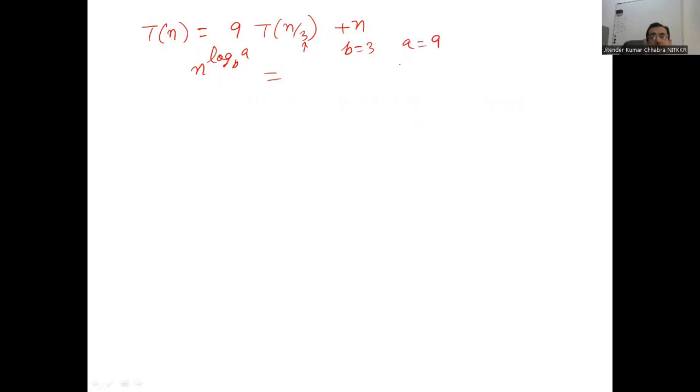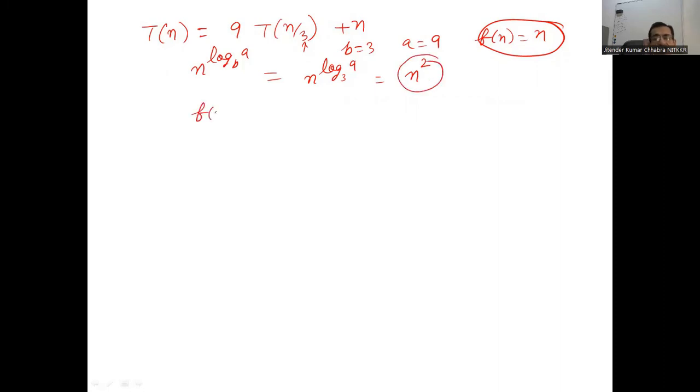A has to be greater than or equal to 1, and b has to be greater than 1. And Fn in this case is n. So I'm going to see which case is applicable. N power log base 3 of 9 effectively becomes n power 2, so I can easily say this is n square.